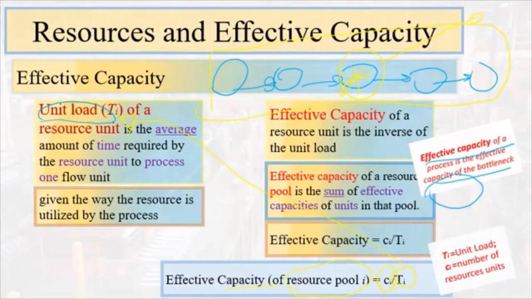Now please do not confuse the unit load with what we've seen in the previous lecture on flow time. Flow time is different than the unit load. They're totally different things.